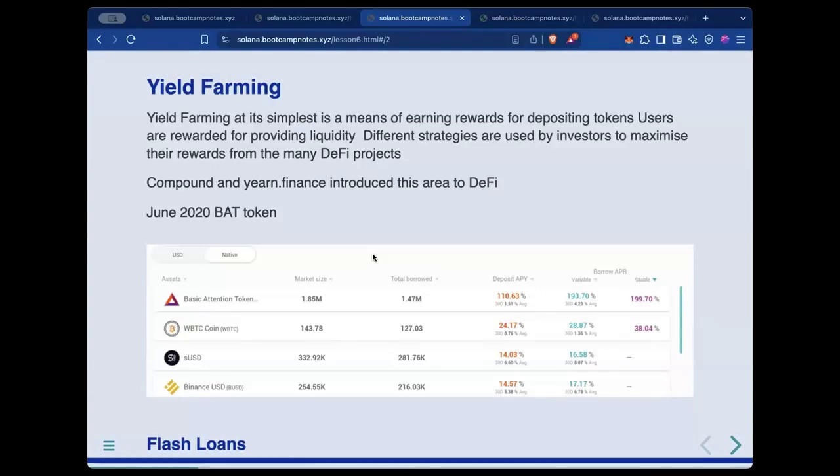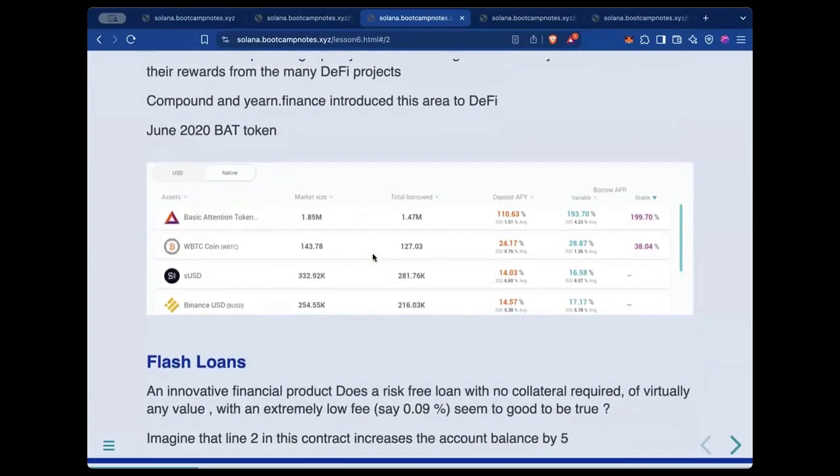I just got the screenshot here, which is where I became particularly aware that there's something very major happening. Back in 2020, it really struck home when I saw things like this, where for a particular token, you could get enormous returns just for lending these.